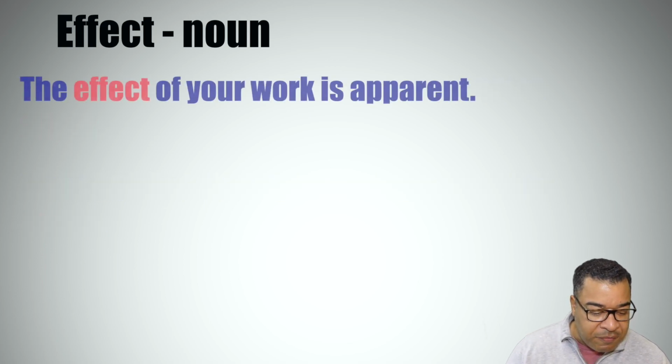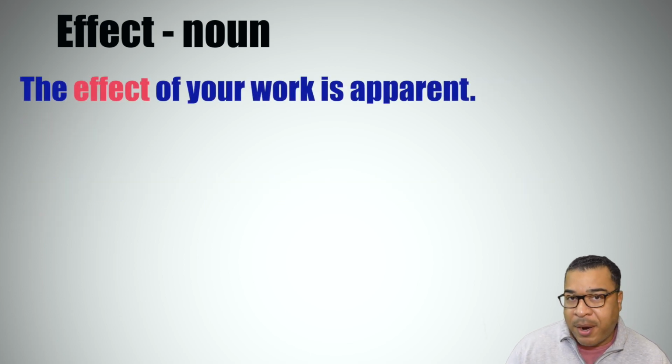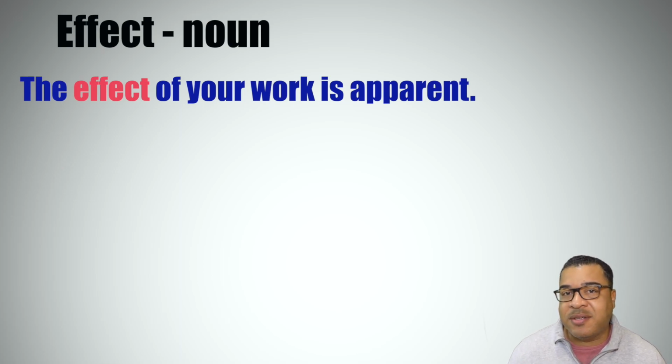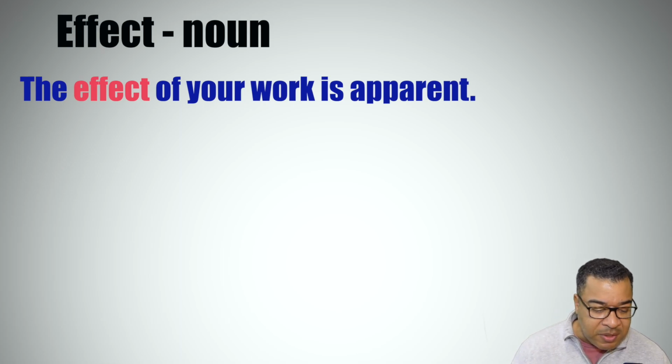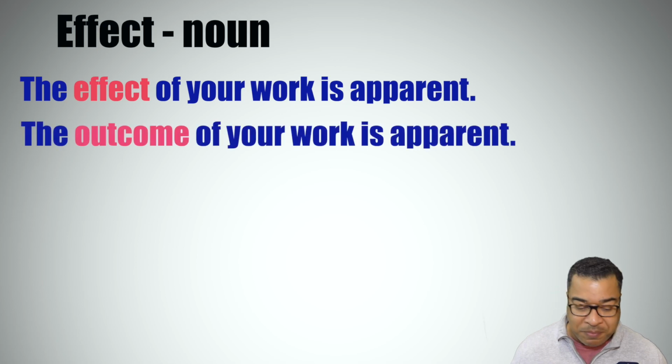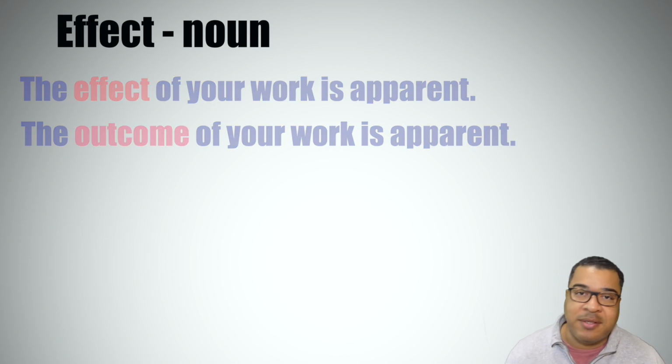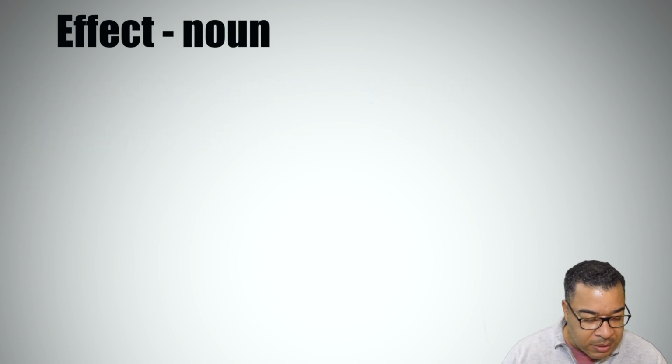Or the effect of your work is apparent. Apparent means easy to see, easy to understand. So the effect of your work is apparent. Here you can switch effect with outcome. The outcome of your work is apparent. Again, apparent just means easy to see. One more.